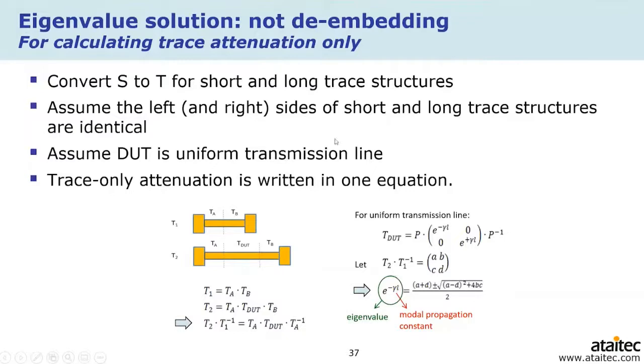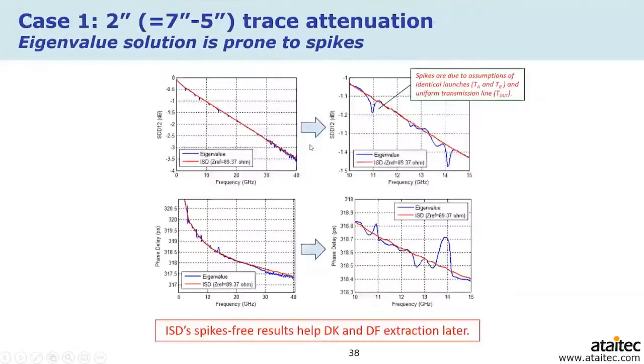But of course, there are two big assumptions here, right? And if these requirements are not met, then the results will be very terrible. So here's one example comparing ISD with the delta L or eigenvalue solution.